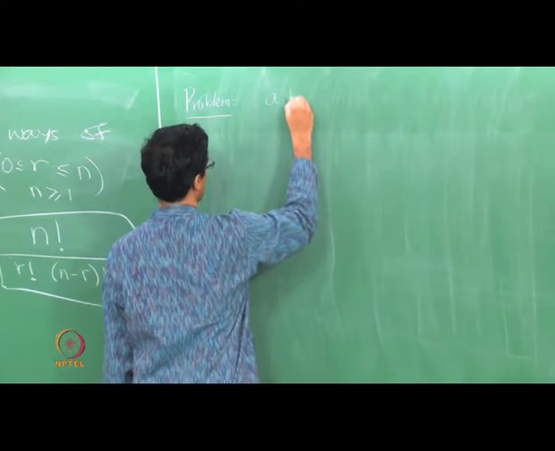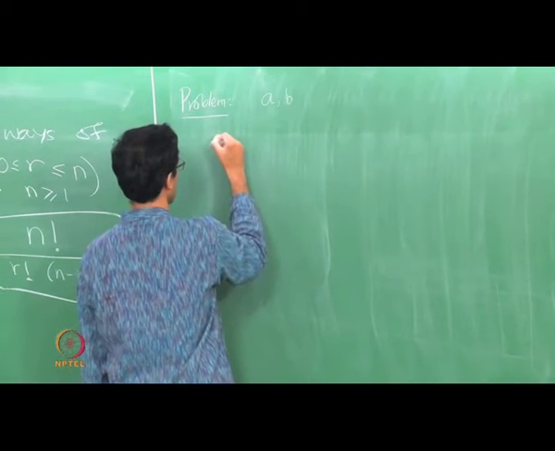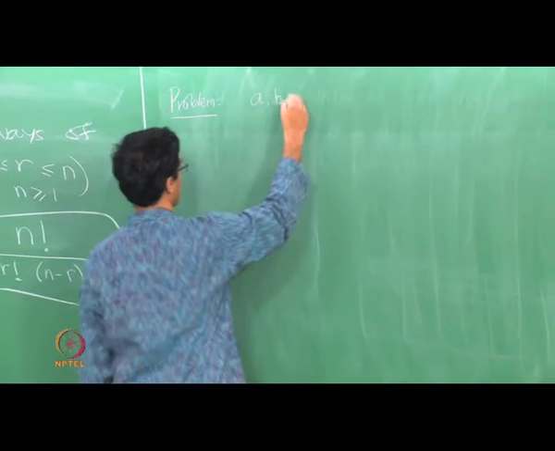So let's imagine I have two letters A and B, and what I want to do is to construct words of length n.